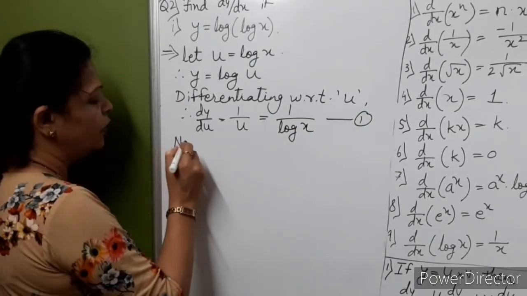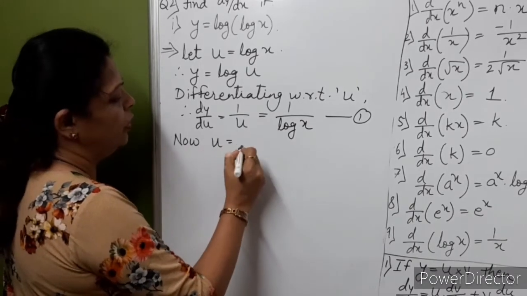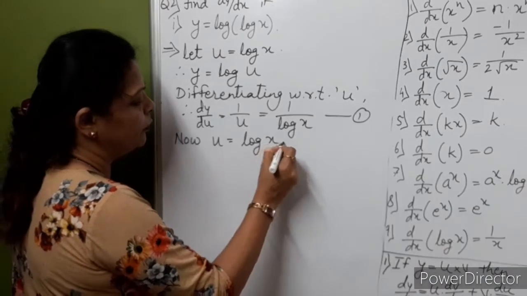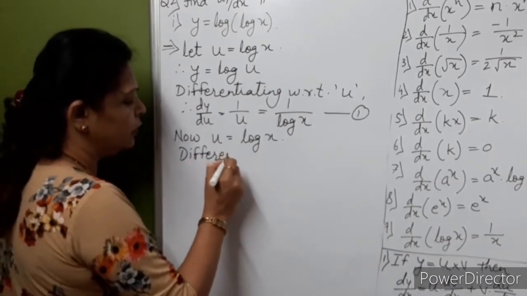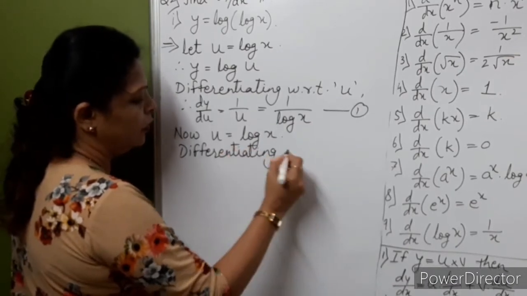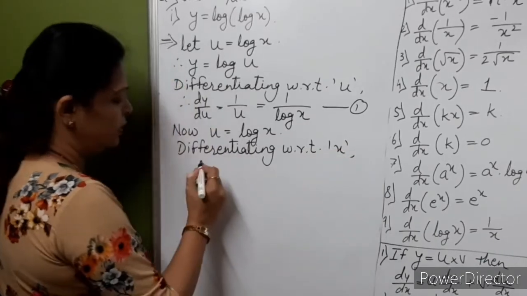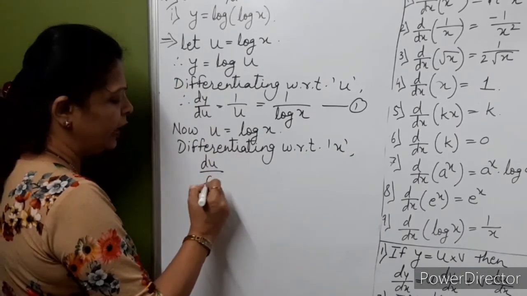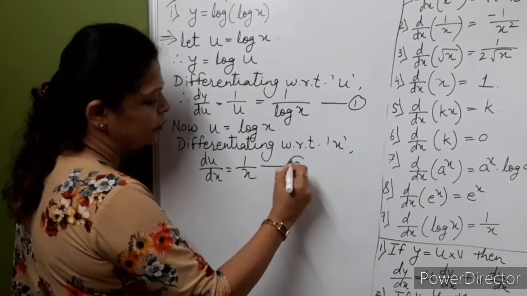Now differentiate u. So u is equal to log x, differentiating with respect to x, du by dx is equal to 1 upon x.